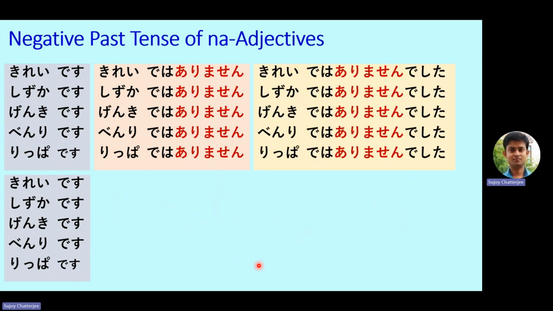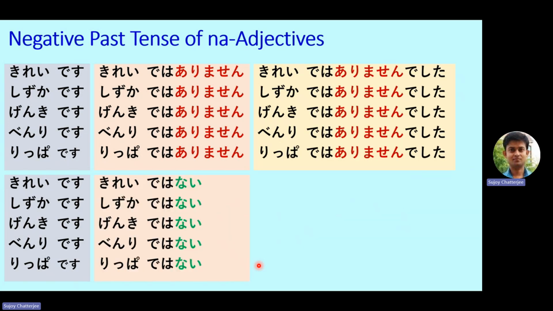In the past form, they will become kirei dewa arimasen deshita. Shizuka dewa arimasen deshita. Genki dewa arimasen deshita. Benri dewa arimasen deshita. And rippa dewa arimasen deshita. Now there is an informal version as well, which is kirei dewanai. So just like dewa arimasen, we have dewanai as well.